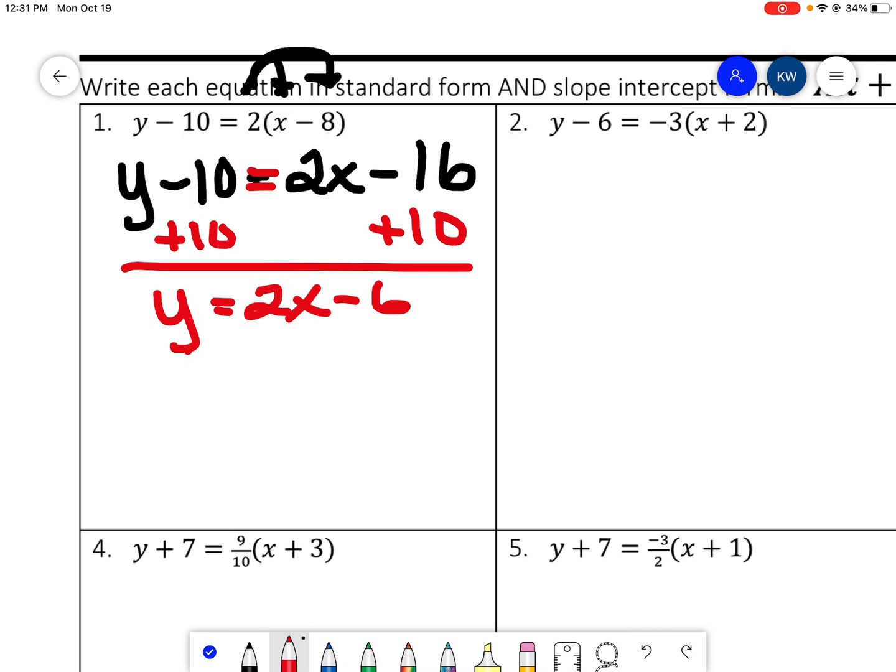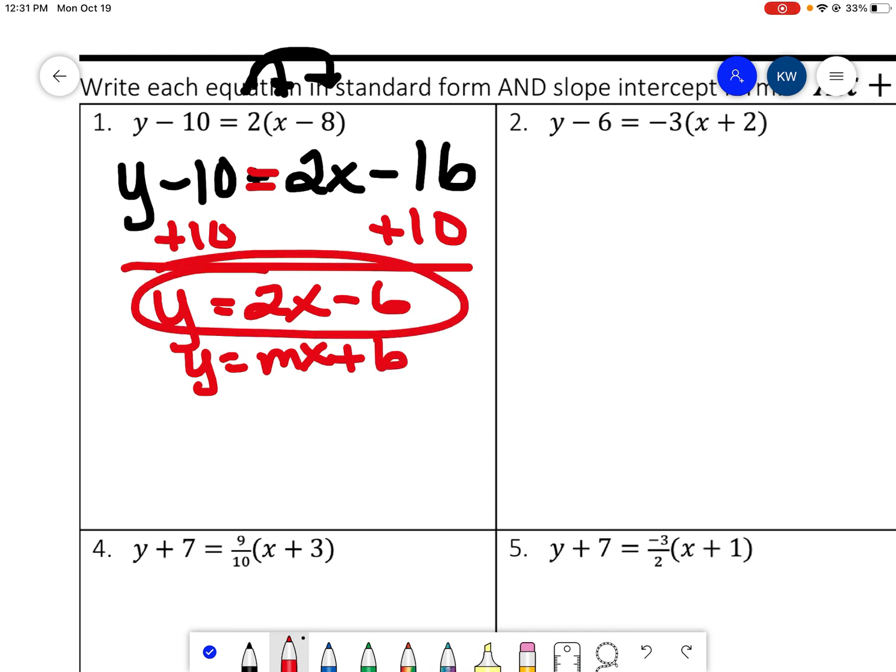And you can see this is y equals mx plus b, which means this is our slope-intercept form. Now we're not done because it asks us for the slope-intercept and standard form. To move it into standard form, if we look back at the success criteria, it simply says that we need to move our x term to the left by doing the opposite operation.